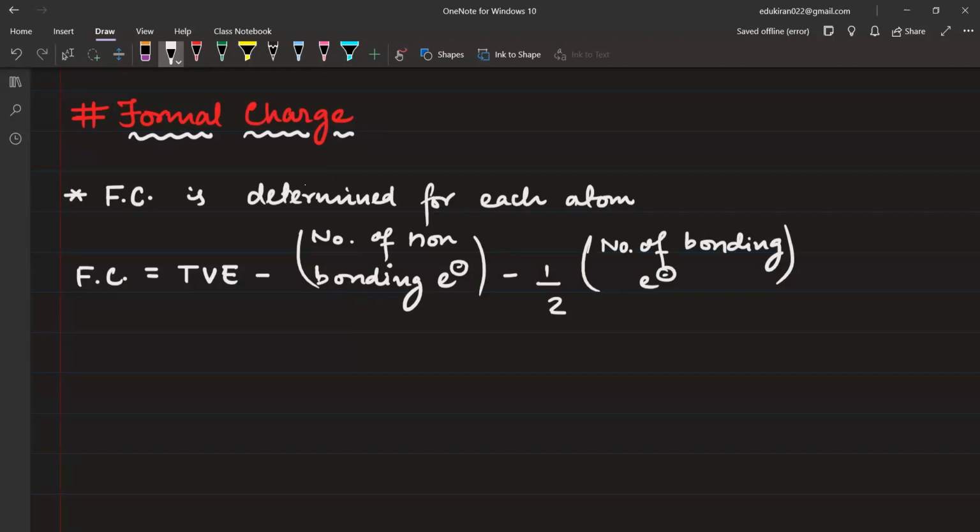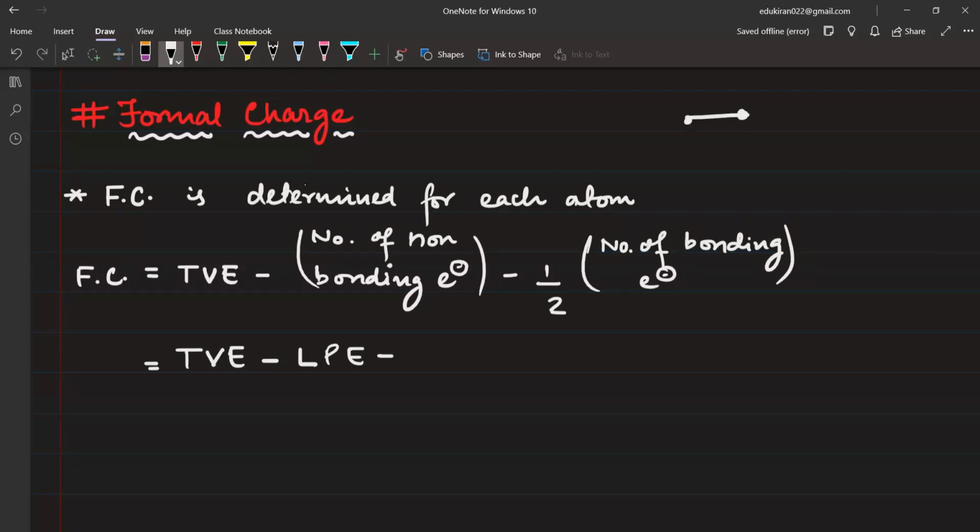Okay. Now, what is non-bonding electrons? You can directly write the total number of valence electrons minus the lone pair electrons, not the number of pairs, but rather lone pair electrons. Okay. Lone pair electrons minus number of bonding electrons.